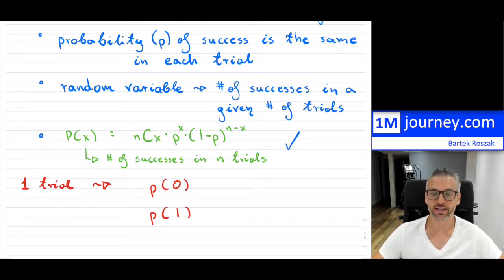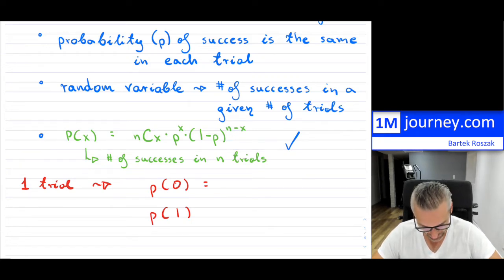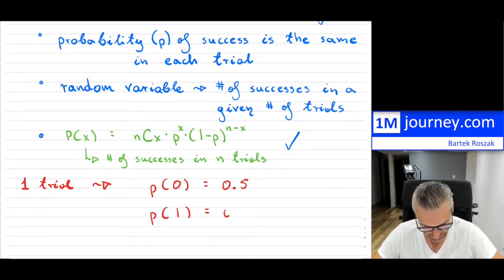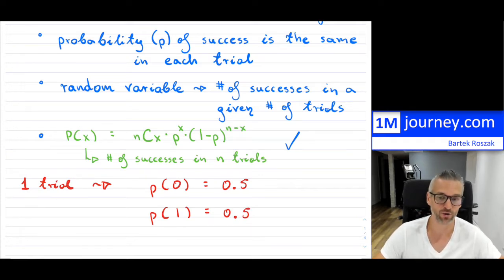The probability of no success just means that we have seen on our flip just the tails. And we know that this would have been 50% or 0.5. And then seeing a success, meaning seeing a heads, the probability of that would also have been 0.5 because the coin is a fair coin and we see heads or tails at a 50% chance.